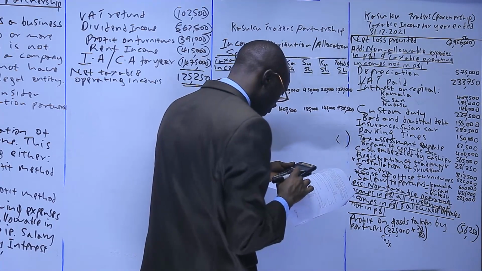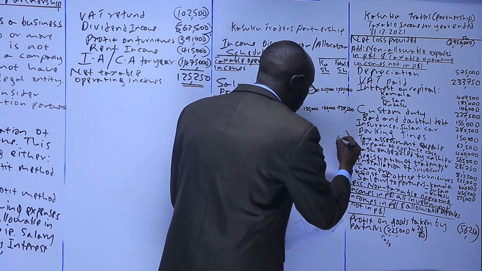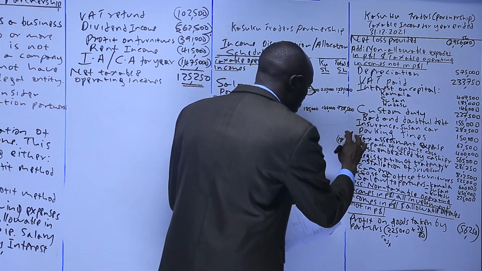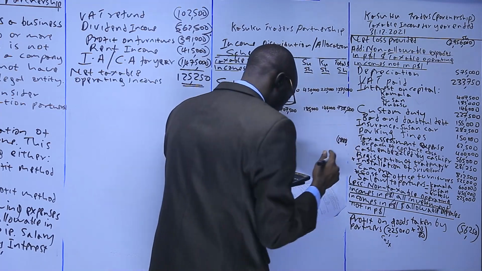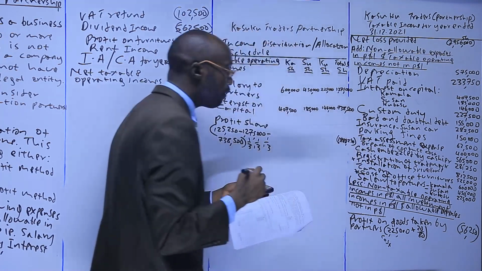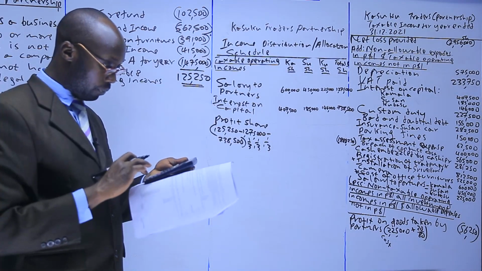We have negative 763,500. So I'll extend this a bit. Which is a negative. Now each is supposed to get a third, so you divide by 3.